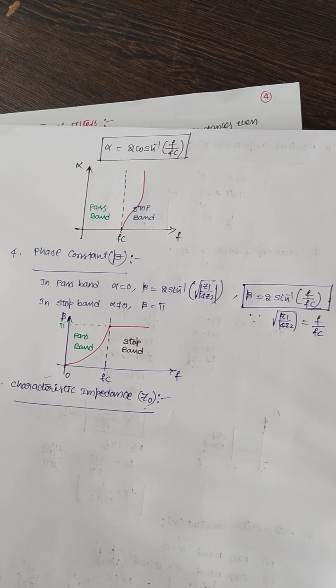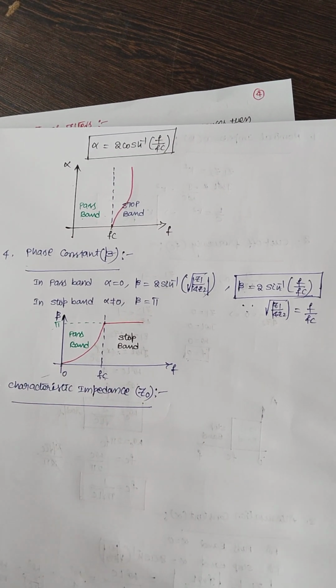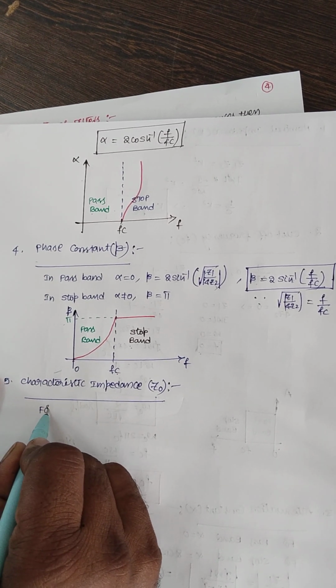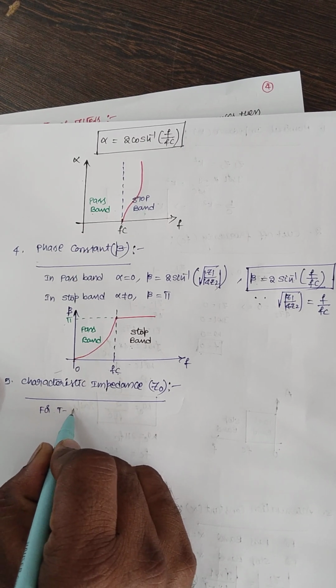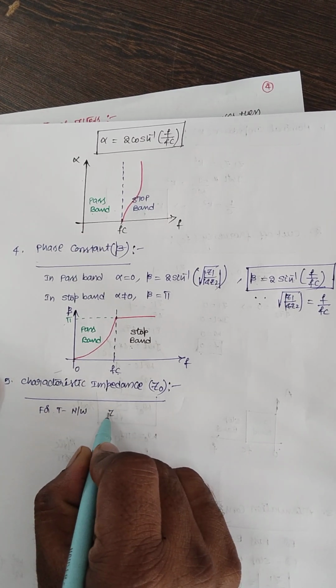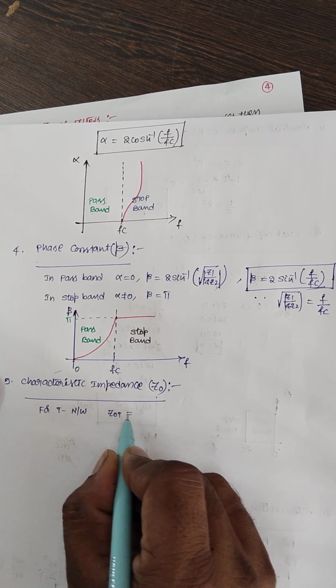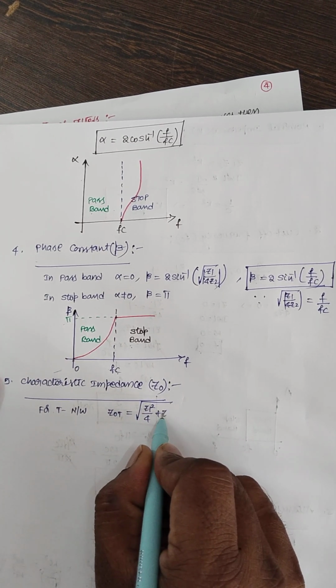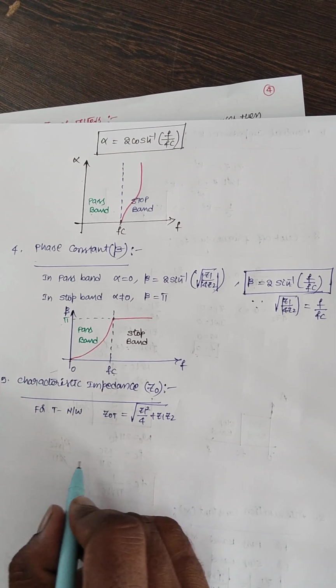The characteristic impedance for a T network is the square root of Z1 square by 4 plus Z1 Z2. You know that formula. For a T network, Z0T is equal to the square root of Z1 square by 4 plus Z1 Z2.